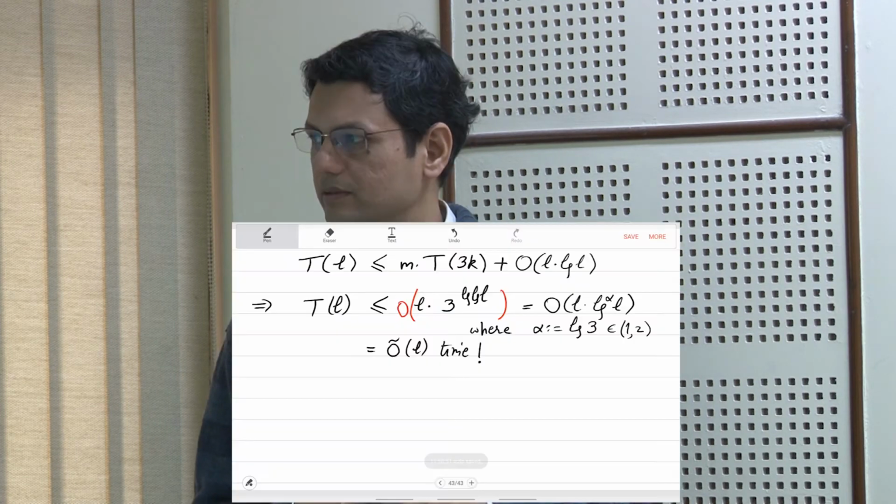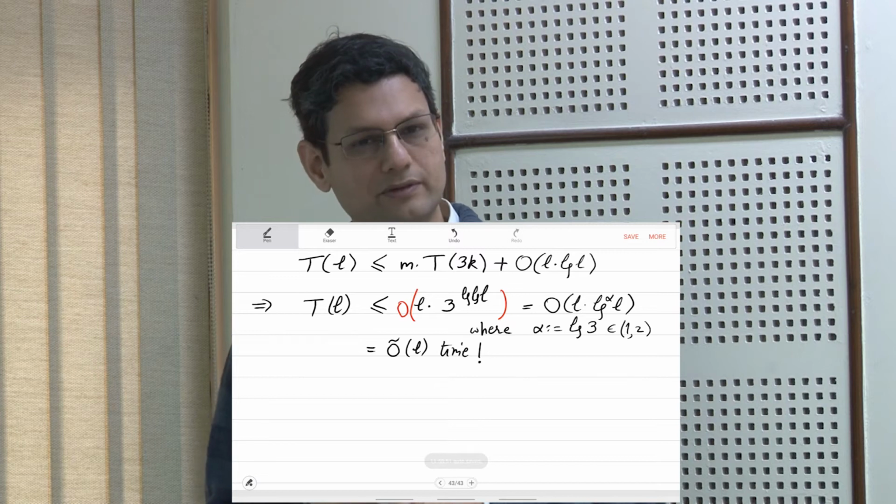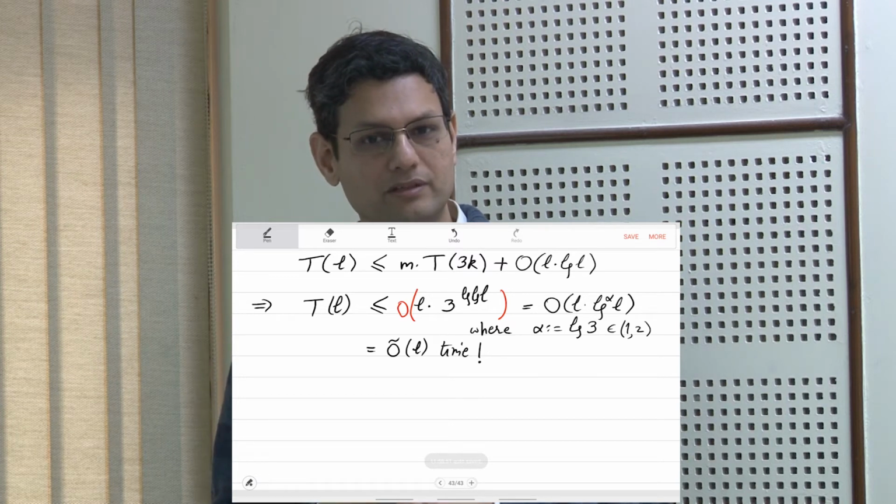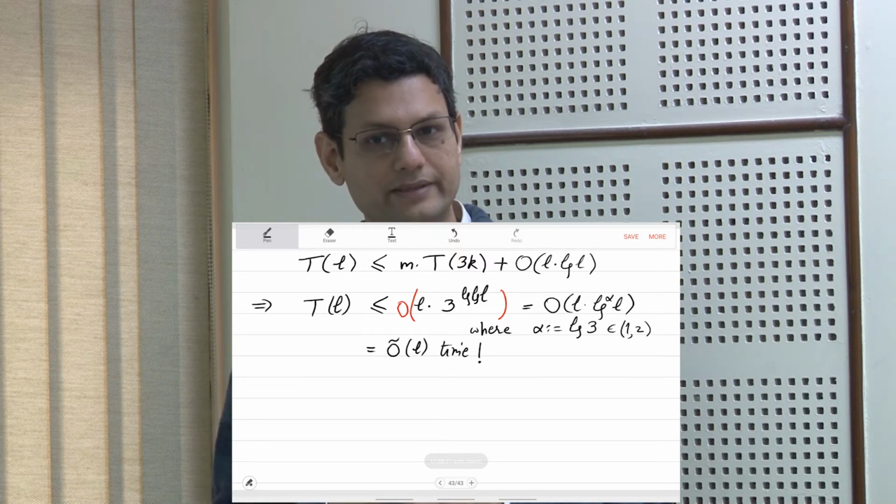So to begin with, it is not clear whether integer division itself can be done fast because this method is very specific to multiplication. Why is it very specific to multiplication? Why can't you do the same thing for division? We use long division for that method. So the problem is that you are converting to polynomials.